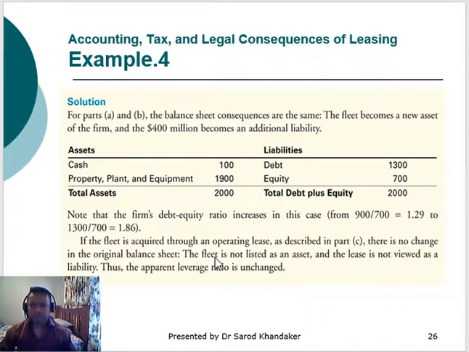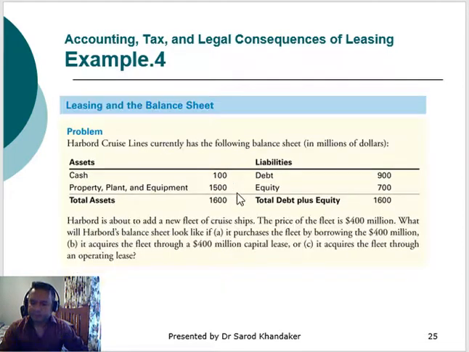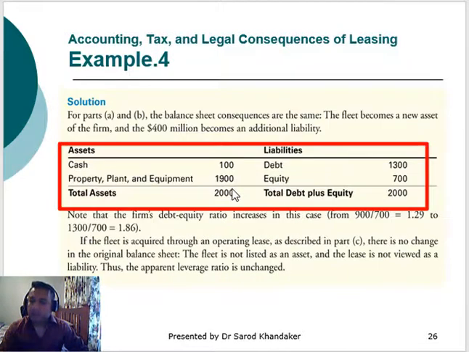For part A and part B, the balance sheet consequences are the same. The fleet becomes a new asset for the firm, and the $400 million becomes an additional liability. For options 1 and 2, it becomes an asset of the company because it's a capital lease. So cash remains 100, but property, plant and equipment becomes 1,900, previously 1,500 plus 400.